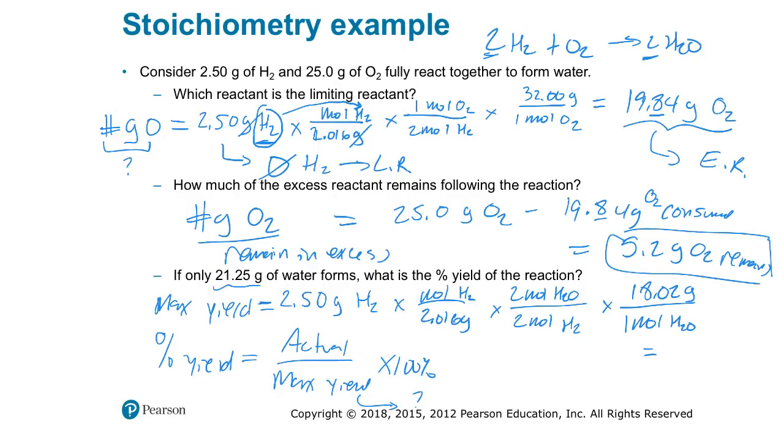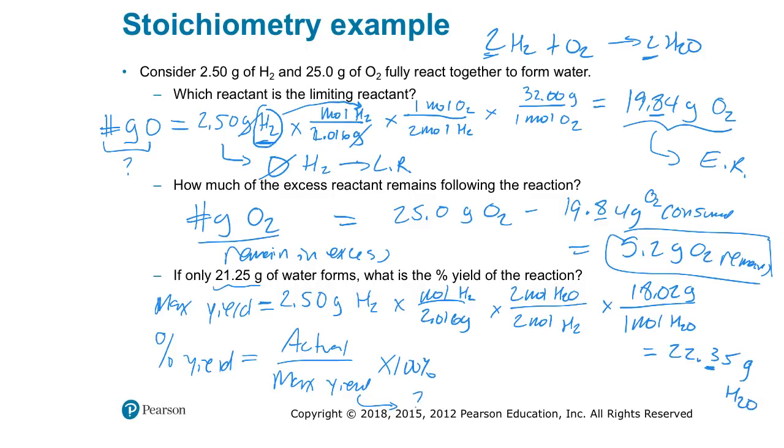Okay, so if we stop and calculate our maximum yield, 2.5, divide by 2.016, times 2 divide by 2 times 18.02 gives us a theoretical maximum yield of 22.35, good to 3 sig figs, grams of water.